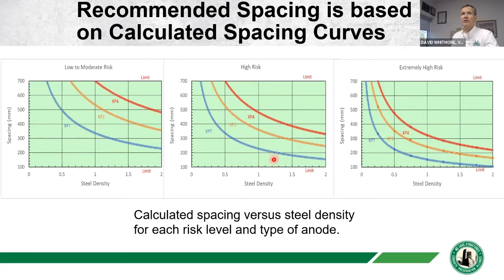So at 1.2, you're going to get a spacing of 200 millimeters on center for the smaller anodes, all the way up to 425 or so for the larger anodes. It's because you're looking at this line in the chart. That can be something to think about if you're involved in a big job. But don't fool yourself about trying to be too precise about this, because there are lots of other things that are varying in the field.